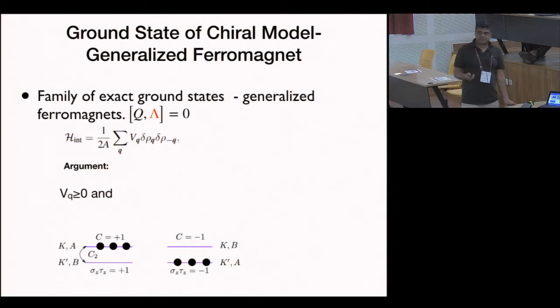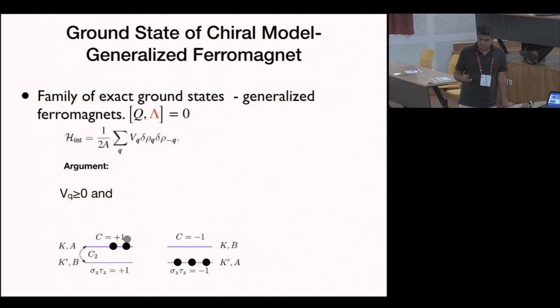And you can kind of see that because if you have a finite Q, what does a finite Q do? This form factor is such that you do not mix, you do not go between these different levels. That's the key thing. The form factor is diagonal in sigma z tau z. So when you kick an electron over here to give it a momentum Q, you have to live within this particular band. And when you do that, of course, you find it's a filled band, so there's some other electron there, and Pauli exclusion will kill the state.